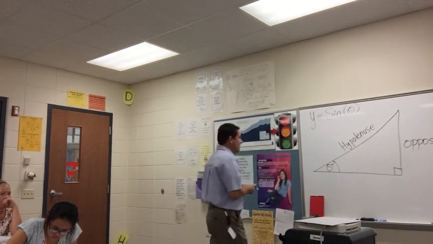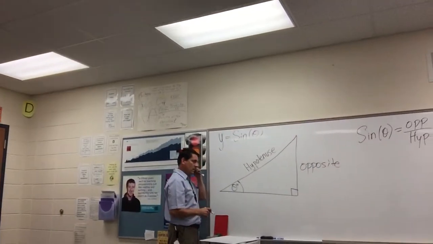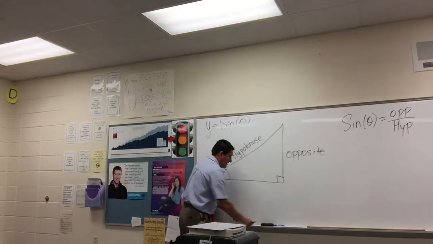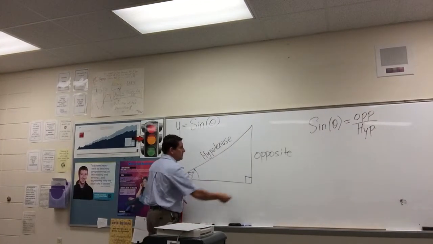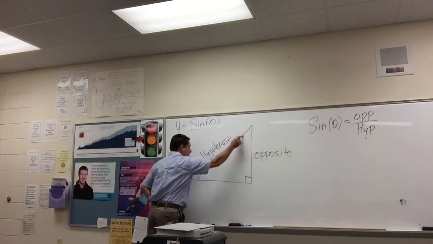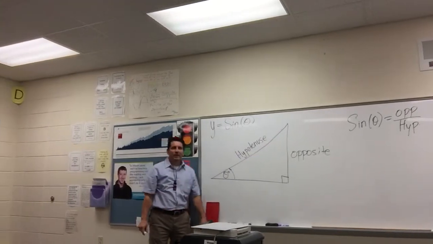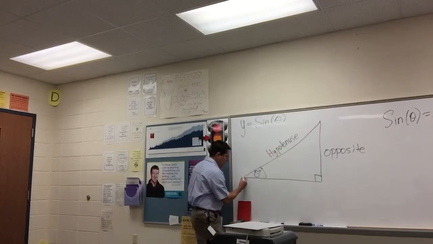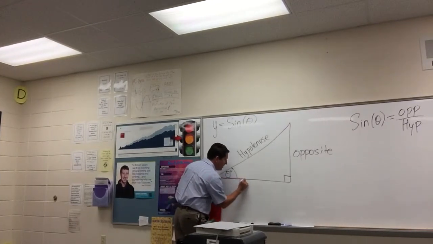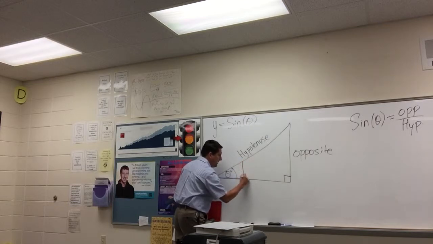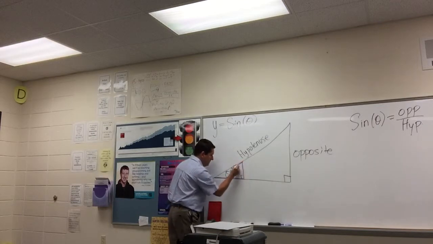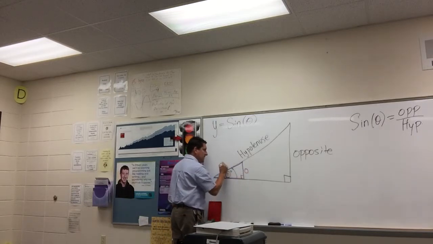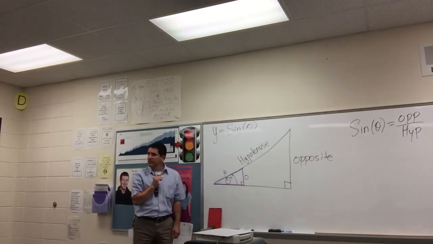Now, what's really cool about this, watch. You say, yeah, but what if I make a smaller triangle? So here's a triangle. It still has to be a right triangle. Opposite and hypotenuse, right?